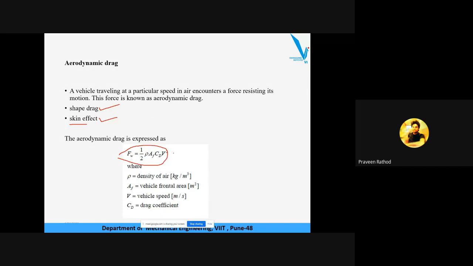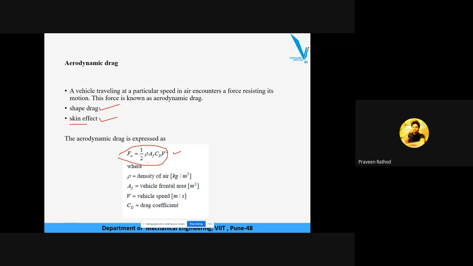So this is only for the front. So half rho AF CD V square. Rho is the density of air in kg per cubic meter. AF is the vehicle frontal area, V is the vehicle speed, and CD is the drag coefficient. So these are the equations we use to write down the aerodynamic drag.